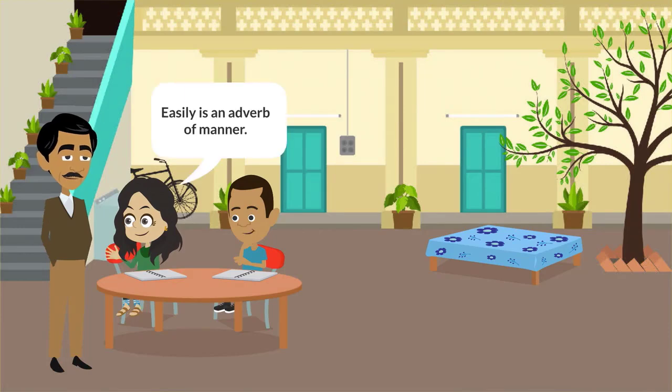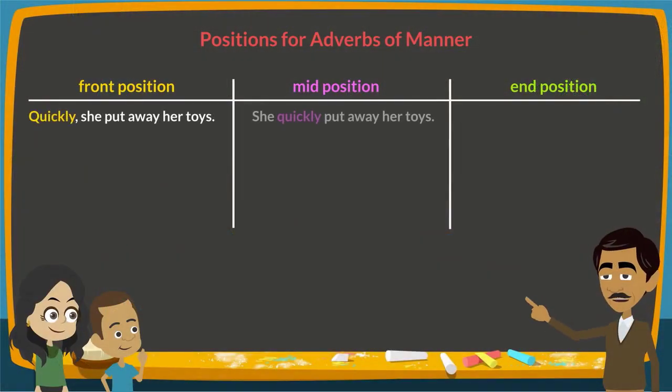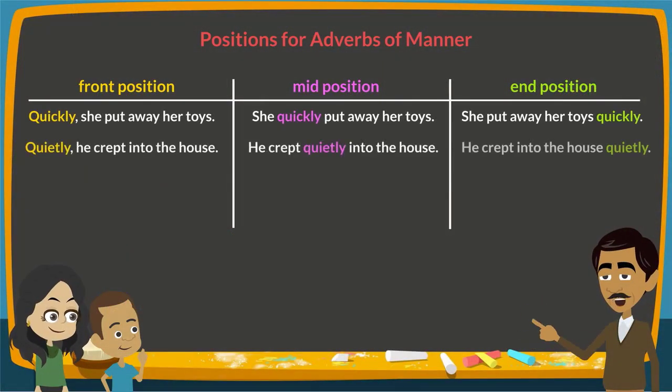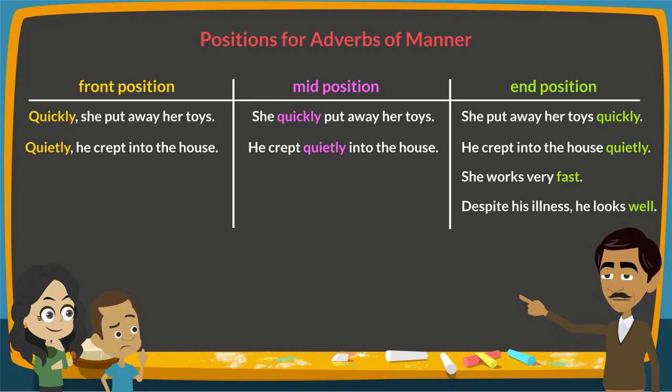Yep. Easily is an adverb of manner. How do we use those? Adverbs of manner are used in all three positions. These all end in ly. What about adverbs like fast or well? Adverbs that don't end in ly only come in the end position.